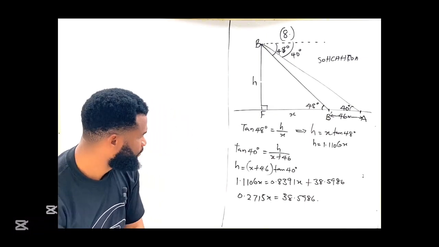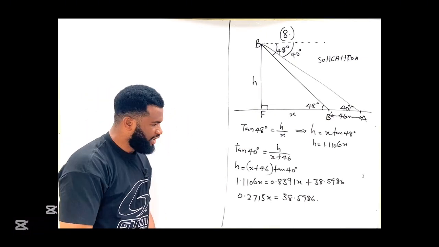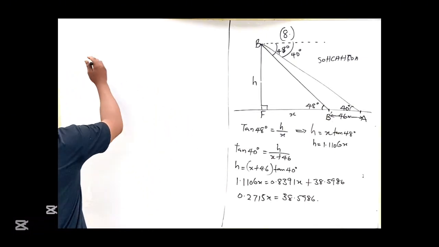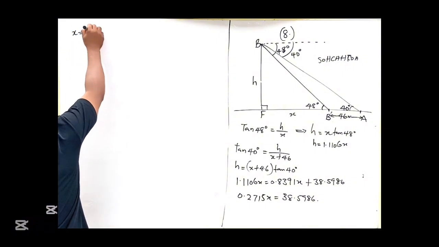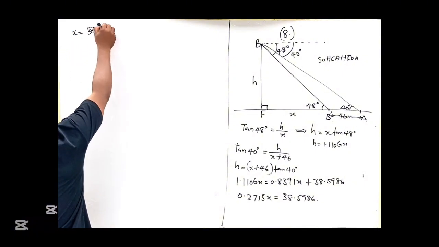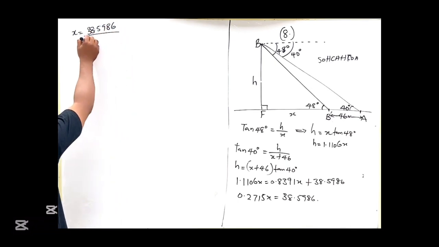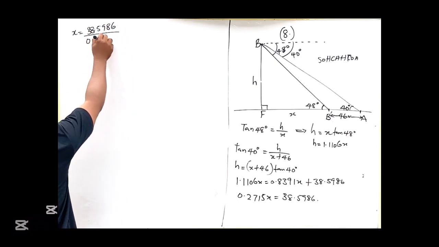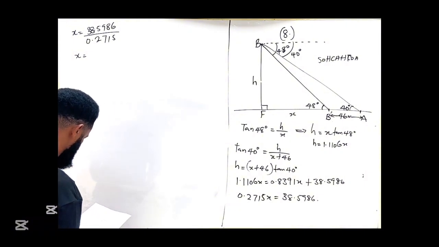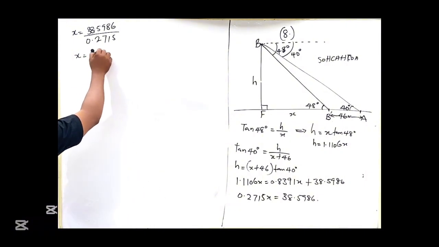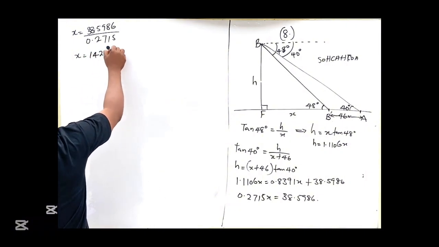Okay, so I am now going to divide through. I'm going to have that x is equal to 38.5986 divided by 0.2715, and x is given as 142.168.